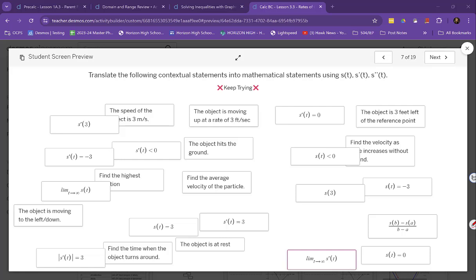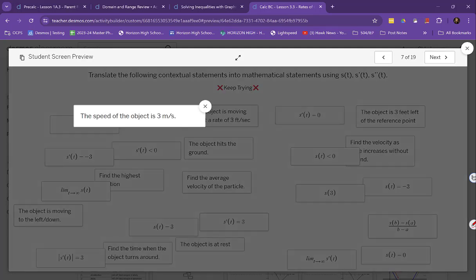Keep in mind that it is not necessarily one card to one card. There could be multiple cards that match together, so make sure that you're paying close attention to that. Make sure you try this on your own, and if you get stuck, you can hit play for me to go over it. All right, so I'm just going to start jumping in here.